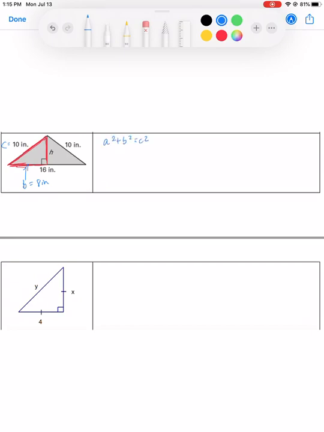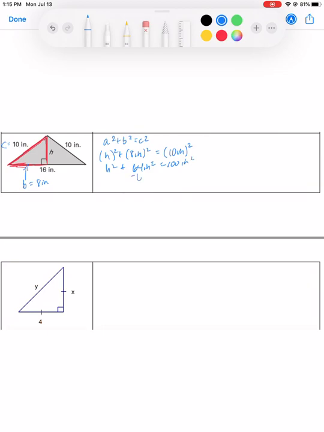A lot of times I like to write down the formula so that we can know which part goes where. So a was going to be h because b was 8 inches. c is 10 inches. So h squared plus 64 inches squared equals 100 inches squared.